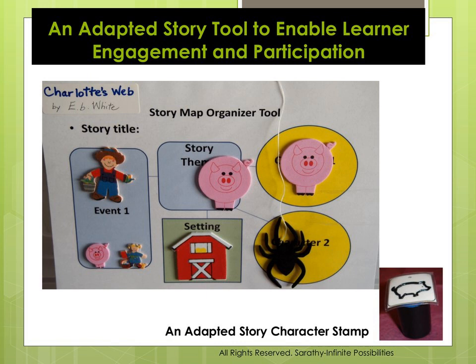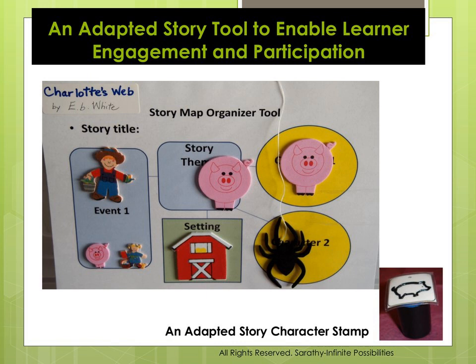And what you see also there is a kind of a character stamp. Actually, this particular one is made with a foam canister top, and then you see that picture at the top, and the student can use it as a tool for his writing activity.